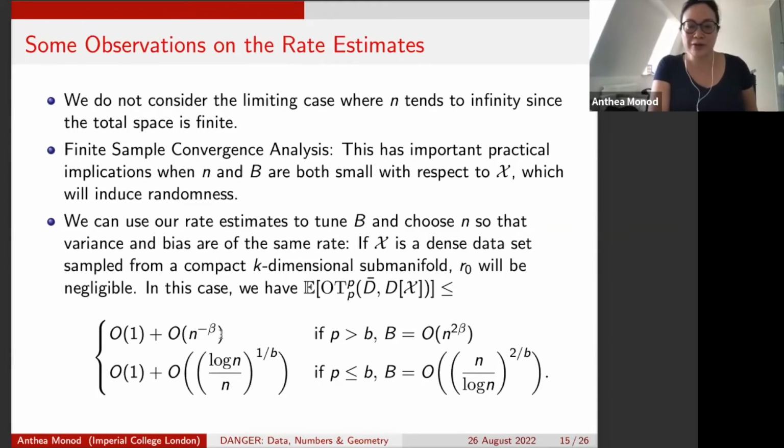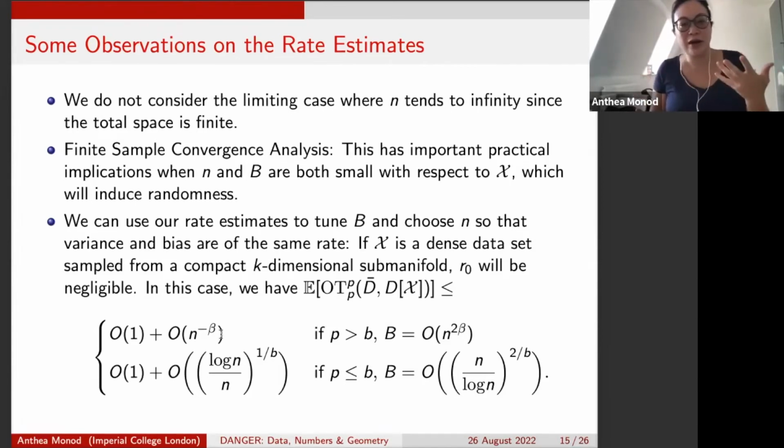We can also use these rate estimates to choose what B should be, which is the number of subsamples we're taking, and how big these samples should be, because what we're doing is looking at this bias variance decomposition, right?